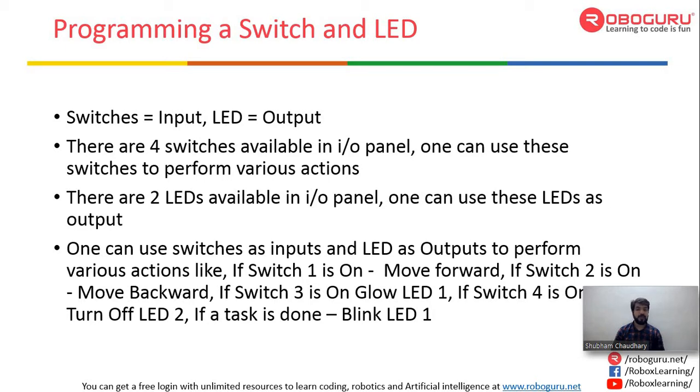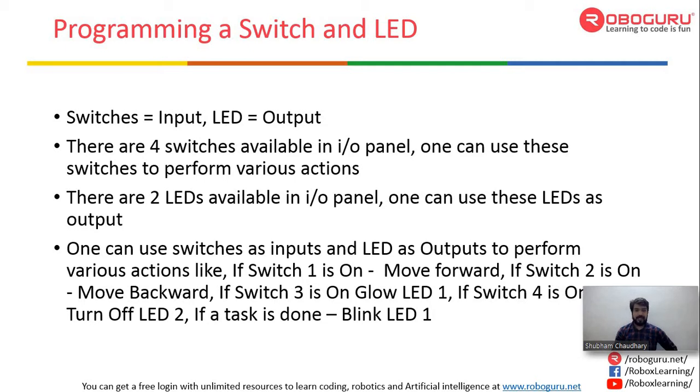because a program cannot control a switch. It cannot control a sensor. It can only control certain outputs like LED, LCD, motors, actuators. So you can use these switches to program different things. For example, as you know, there are 4 switches available in the IO panel.